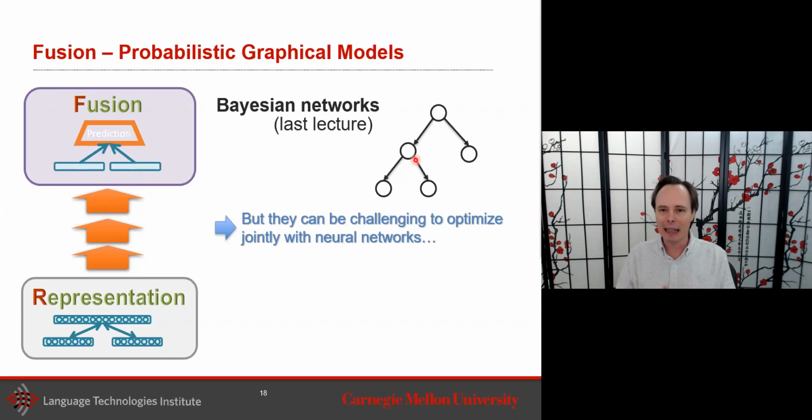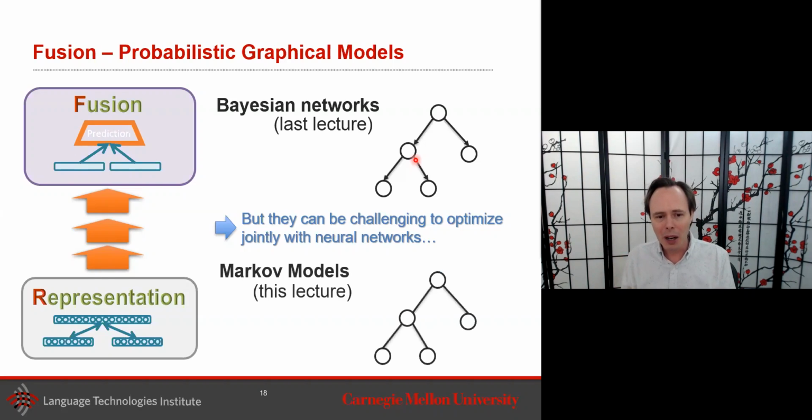It's part of the reason we don't see as many of them working together, although there is some great work pushing the envelope in that direction, but the optimization is always one of the sticking points. Markov models bring a formulation that streamlines the optimization a little bit more, and bringing neural networks together with Markov models is a little bit more streamlined.